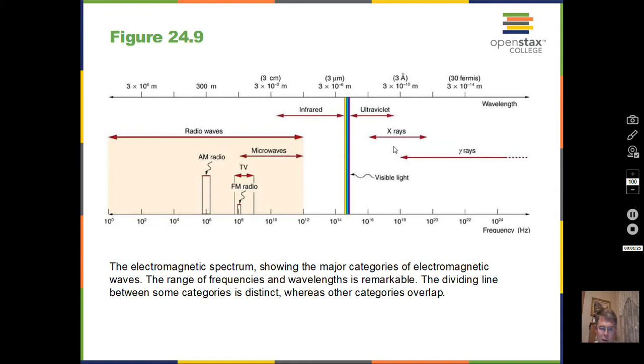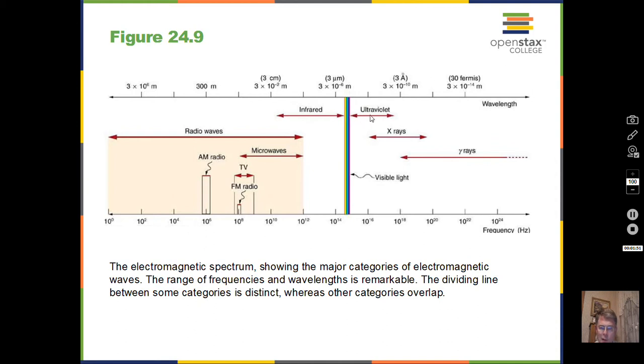The next step down would be X-rays. And X-rays are also very energetic and can ionize matter. Just not quite the same frequency as the gamma rays, a little lower frequency, meaning they have a little less energy, and they have a little bit longer wavelength, but X-rays. And then ultraviolet, beyond the violet, shorter wavelength than violet.